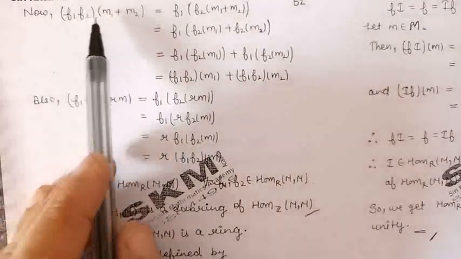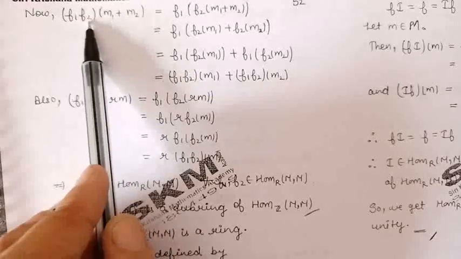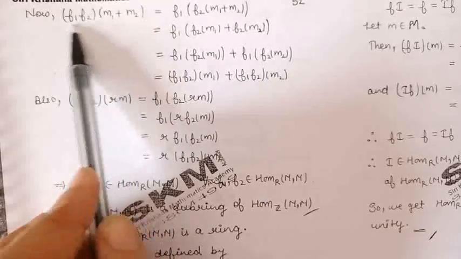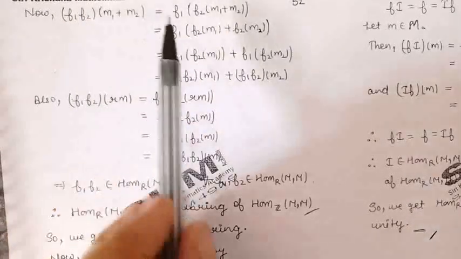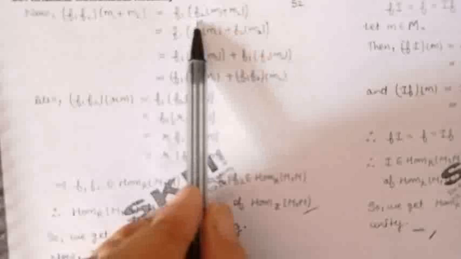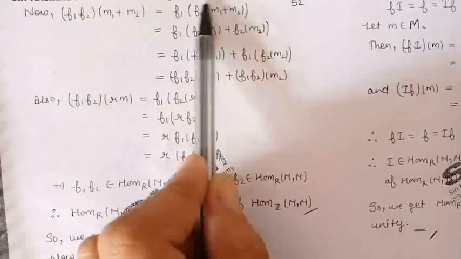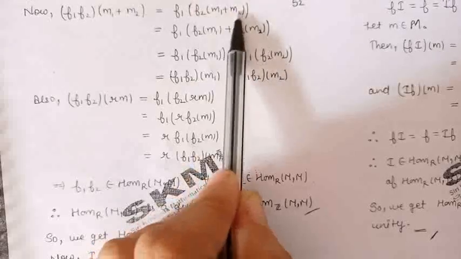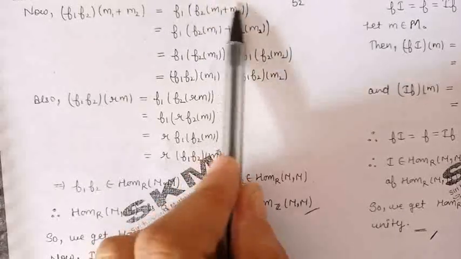So let us find the image of M1 plus M2 under the mapping F1 into F2. By definition of the mapping F1 into F2, this can be written as F1 of F2 of M1 plus M2. Now by definition, because F2 is an endomorphism of modules, this can be written as F1 of F2 of M1 plus F2 of M2.